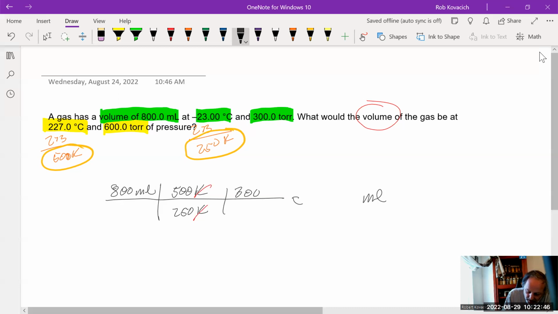So here's 300 torr in the numerator, and here's 600 torr in the denominator. That way I can get the torr values to cancel out. And then I just do the math, and this one's super easy, because one's 2 and the other one's a half. So you end up with 800 milliliters. So if you did this example, you end with the same thing that you started with.